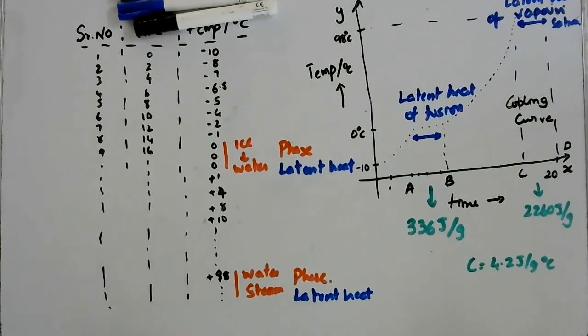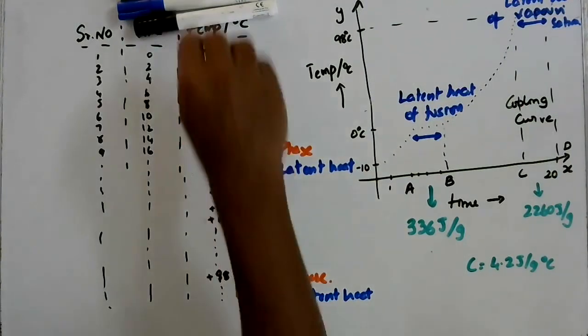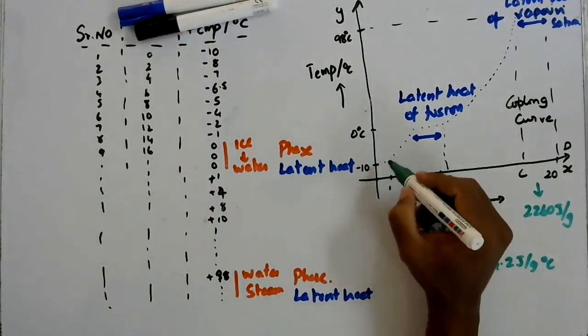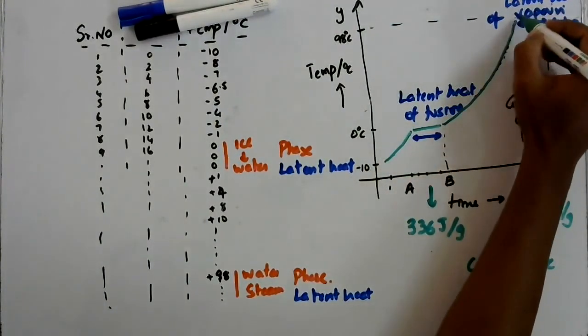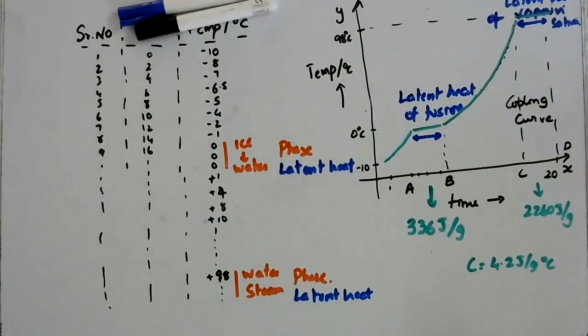Some interpretation of this graph will be required. Typically they will give this as a line which is connected like this, and then you will be asked to do some interpretation work based on this, and I hope you will be able to do the required interpretations accurately.